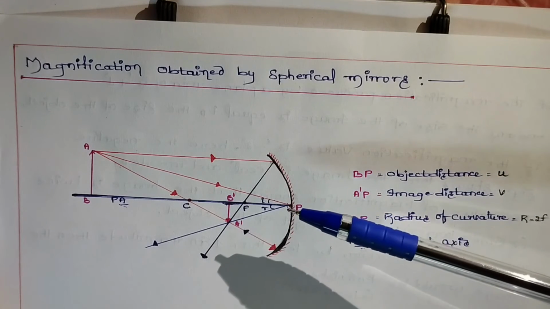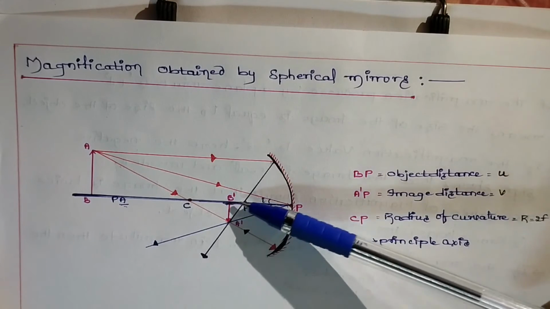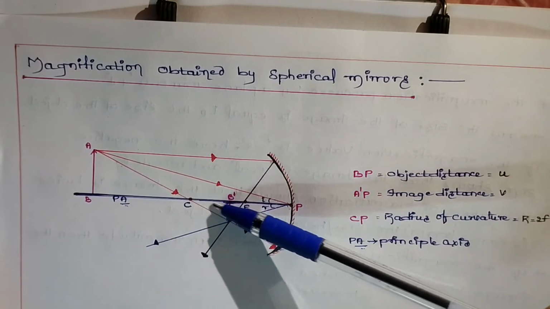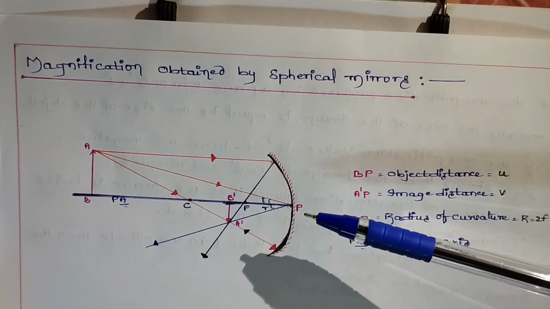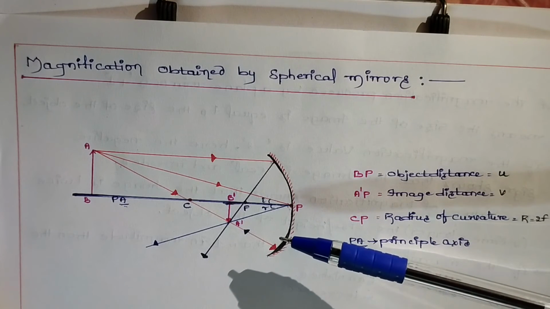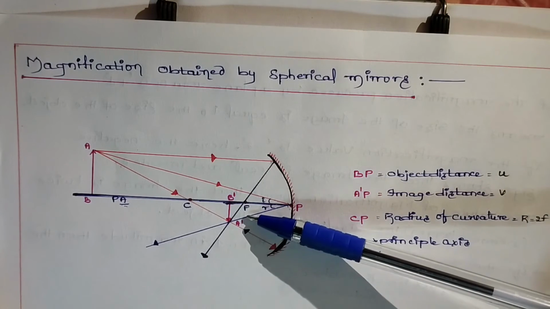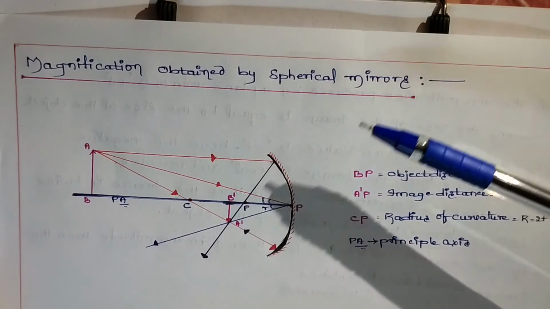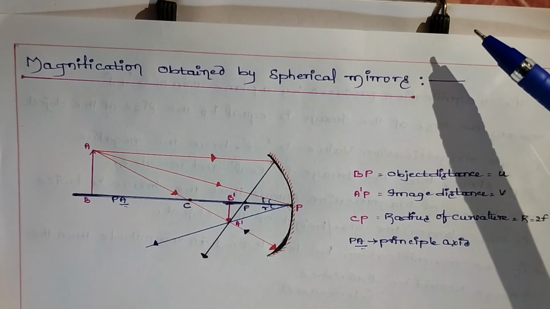Next ray. Any line that joins any point on the mirror from the center of curvature is nothing but a normal. So the incident light will get reflected in the same path, because any light that falls on the normal will get reflected in the same path.